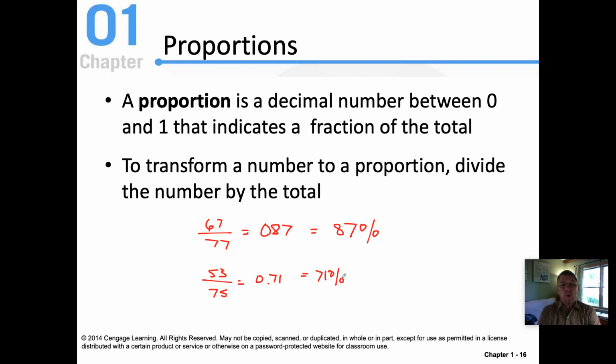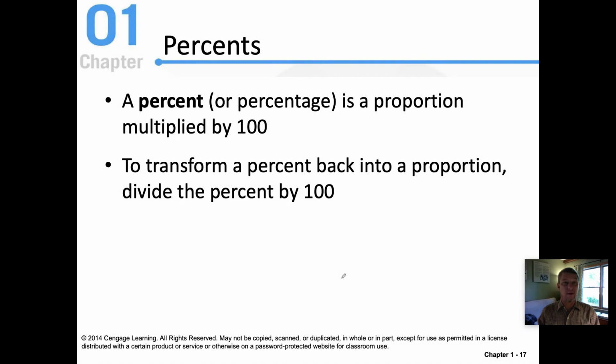But the 0.87 and the 0.71 are proportions, and they allow you to compare two scores that may be out of a different total, like 77 and 75. We can compare these two scores. The scores are the 67 and the 53. Now, by putting them into a proportion, they're comparable. We can literally see which one is better than the other.